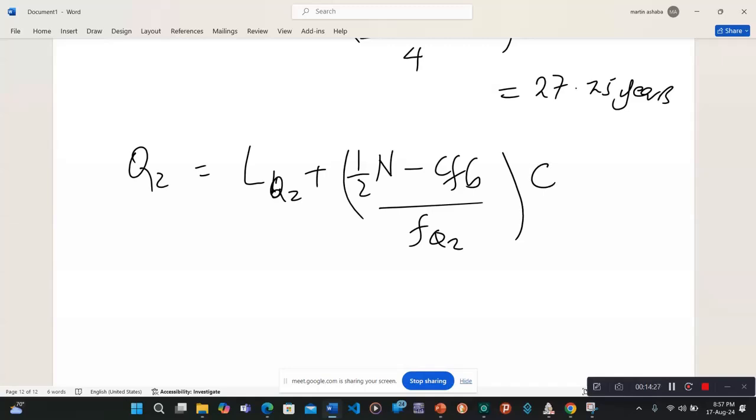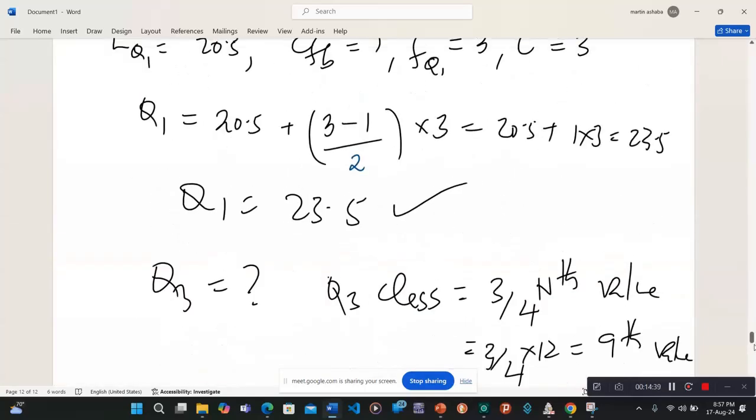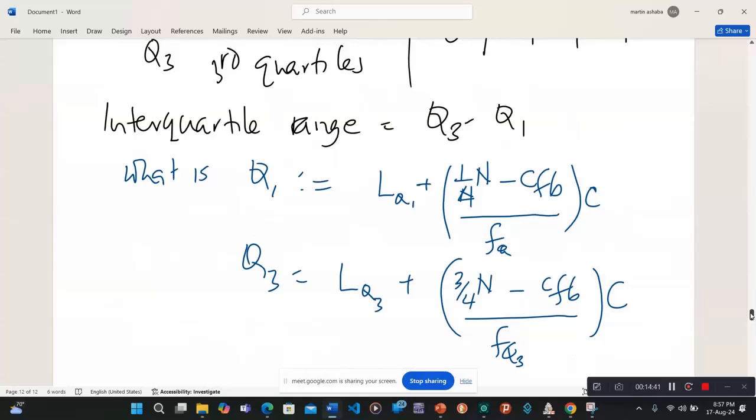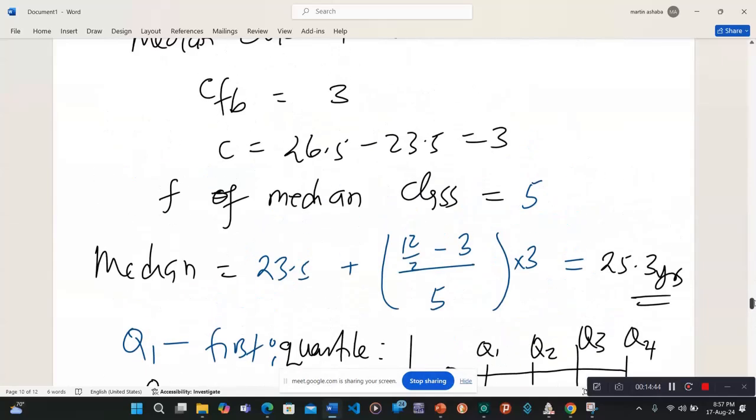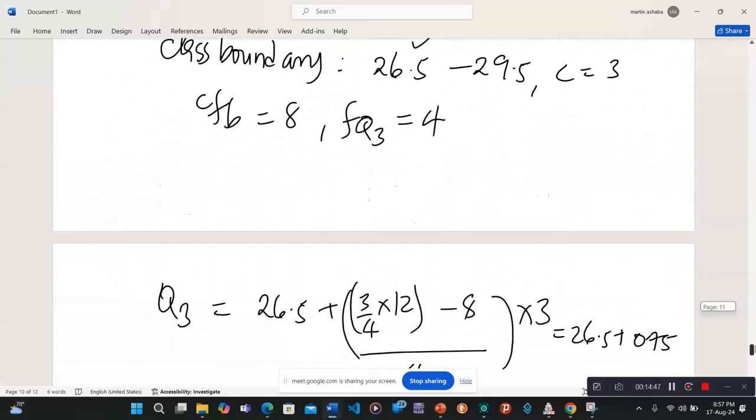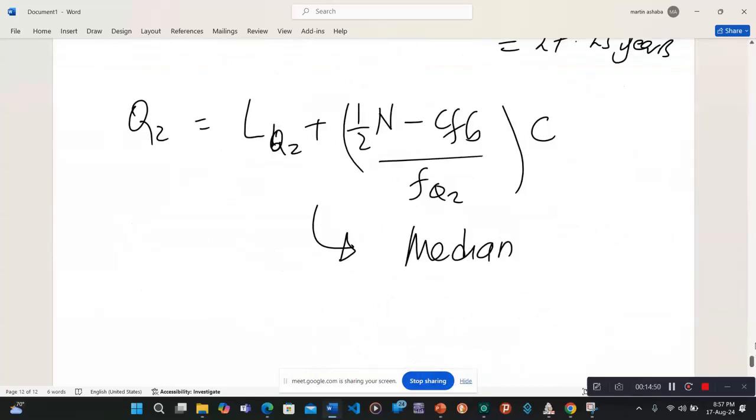If I look at this formula very well, I see that this is the same as the median, because this n is the sum of f. If I divide it by 2, it becomes the sum of f out of 2, then the cumulative frequency before, then the lower class boundary of the second quartile.